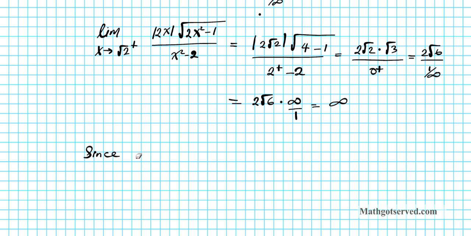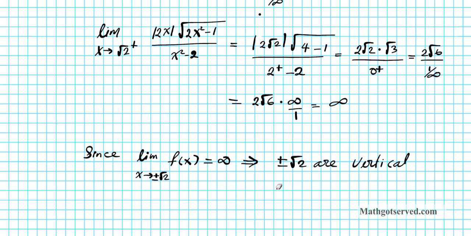Since the limit as x approaches plus or minus root 2 of the function equals infinity, that implies that plus or minus root 2 are vertical asymptotes.